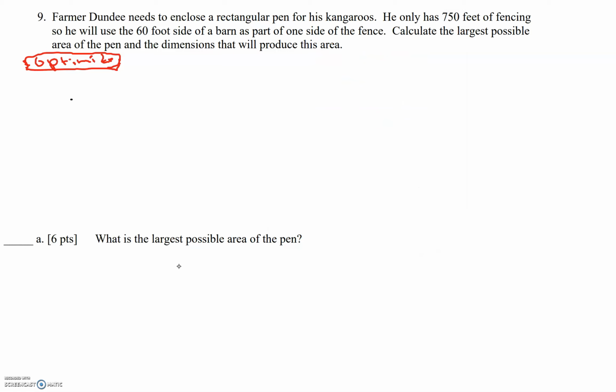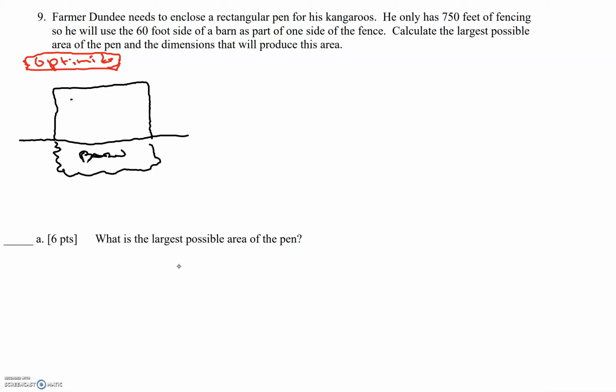Let's draw a picture. So here is going to be my rectangular pen, and we've got the barn over here. That's my barn, and that's going to be one of my walls.